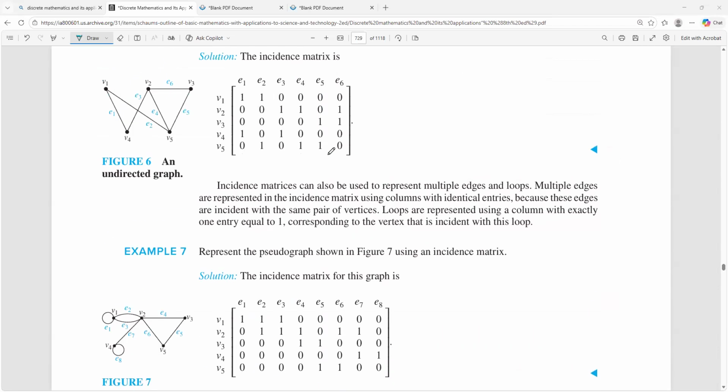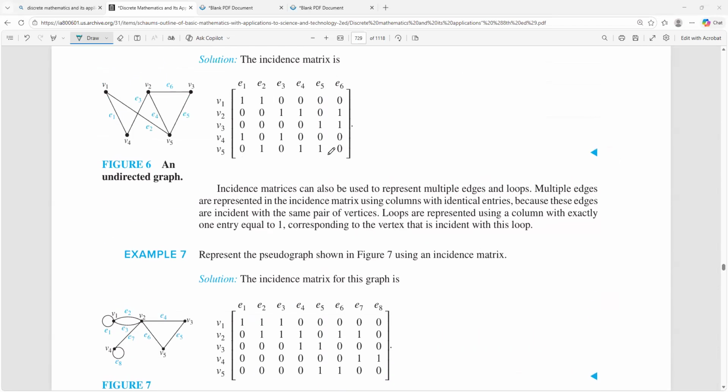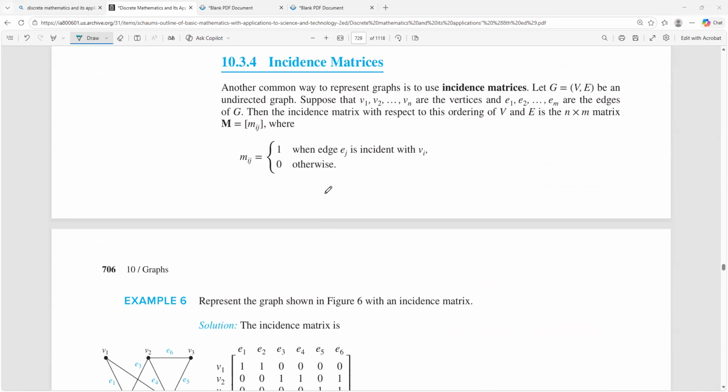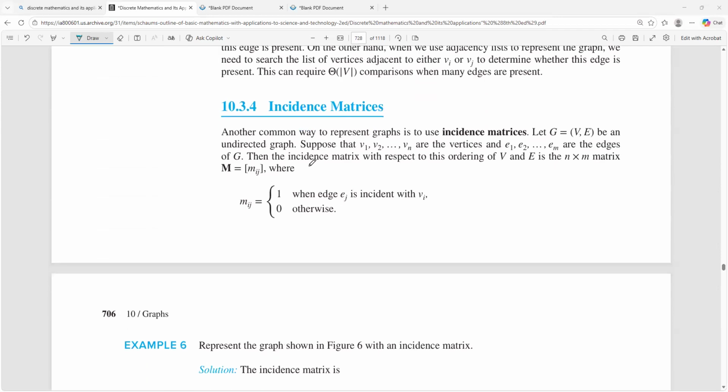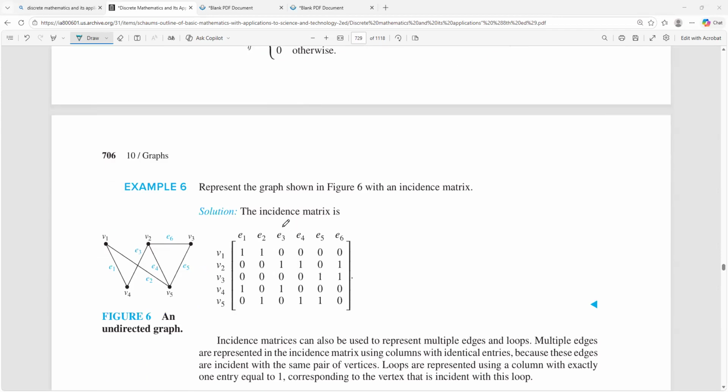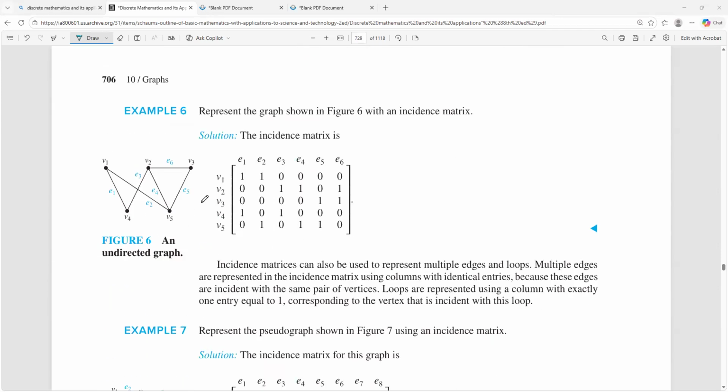So incidence matrices are separate from adjacency matrices. Think of incidence matrices as this. We're going to have all the nodes as the rows, and each edge is going to have a column. Basically, if a node is on one end of an edge, we'll put a 1, and if it isn't, we'll put a 0.